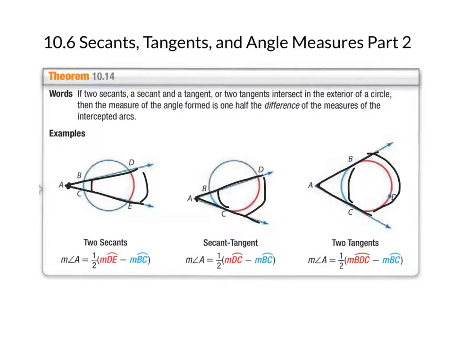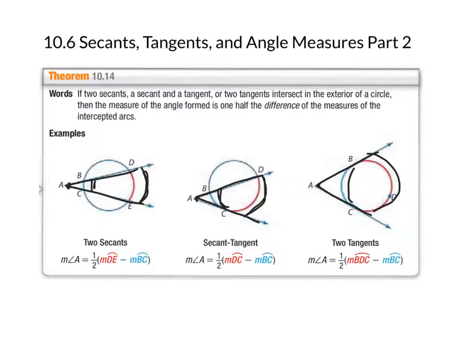It's always going to be the arc that's more on the outside, and then the arc that's closer to where the actual angle part of it is. So it's always going to be like this arc minus this arc, or this arc minus this arc. So the measure of the angle is half of the difference of the 2 arcs.